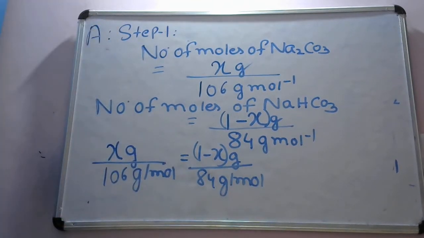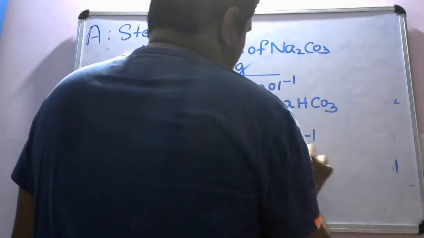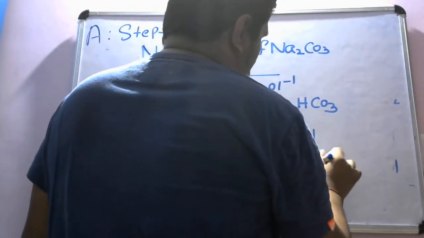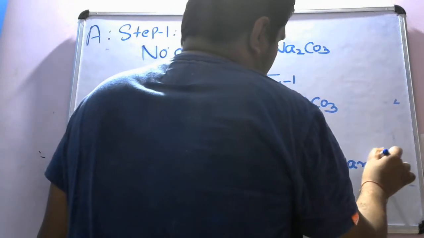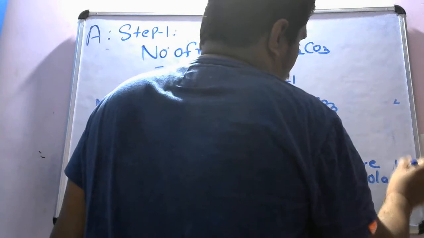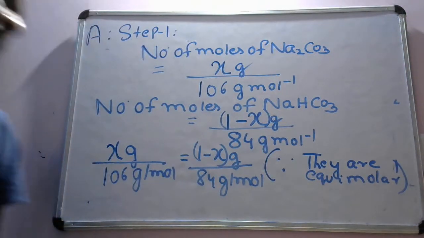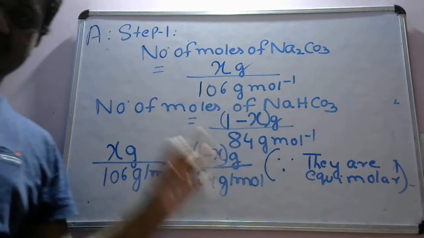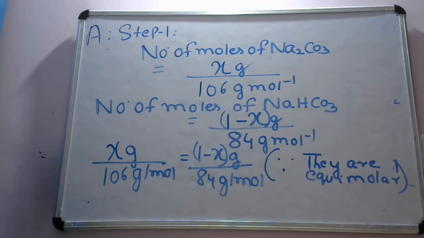Since they are equimolar, equimolar means the same number of moles. The number of moles of Na2CO3 and NaHCO3 will be the same. That is the meaning of equimolar.